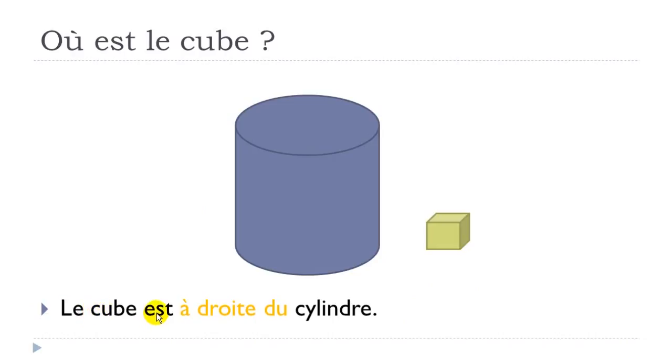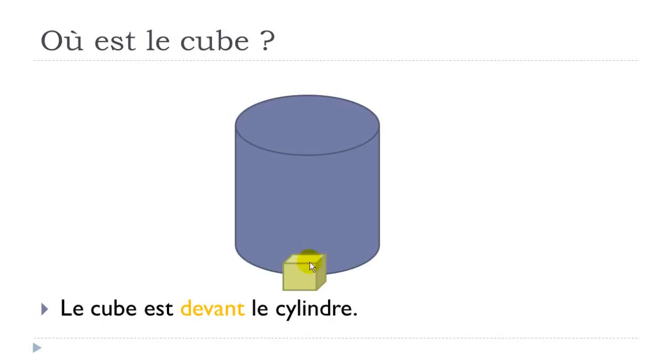Le cube est à droite du cylindre. In front of, le cube est devant le cylindre. Le cube est devant le cylindre.